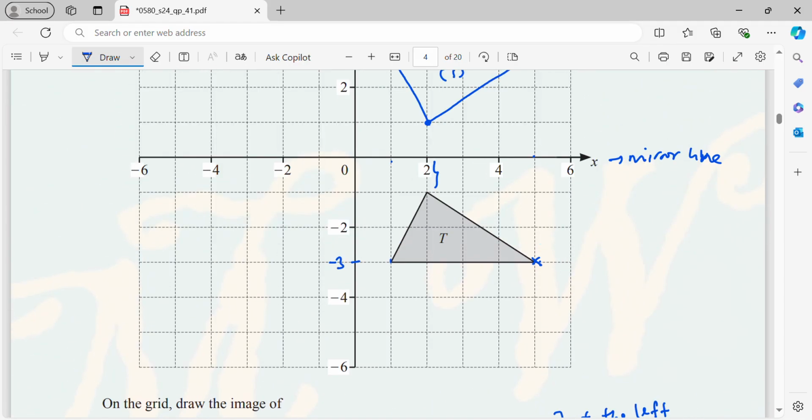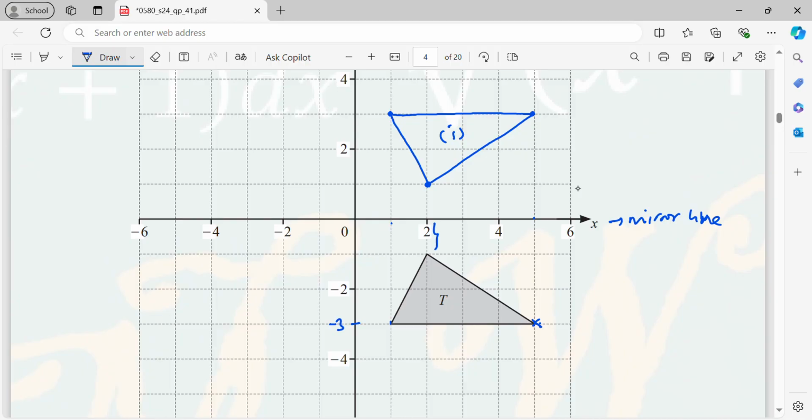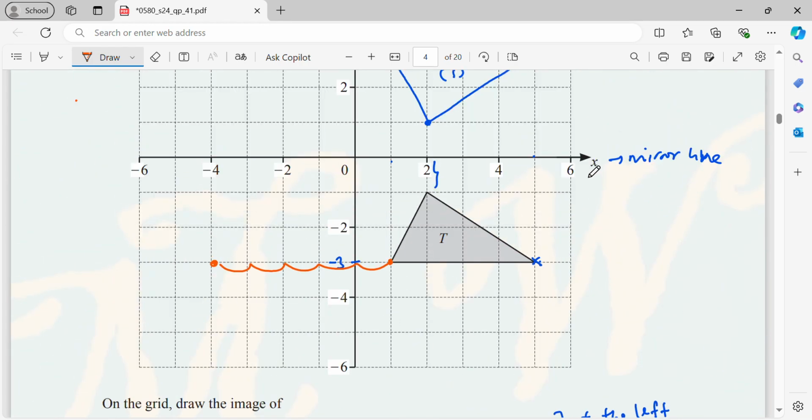So for triangle T, 5 units left. This point, 1, 2, 3, 4, 5. It becomes here. And then move down 2 units. So 1, 2. That means now this point is actually here.